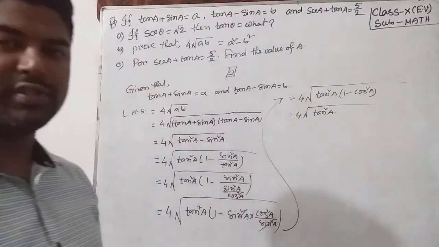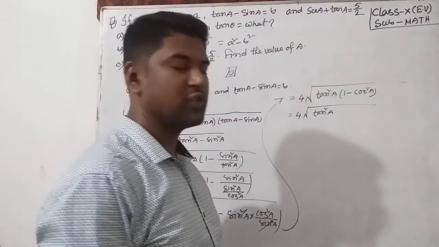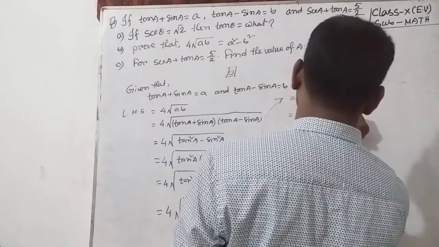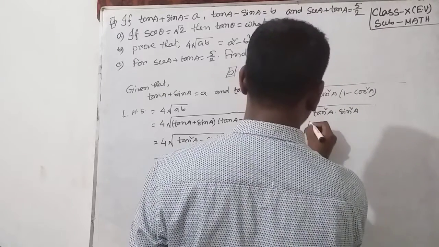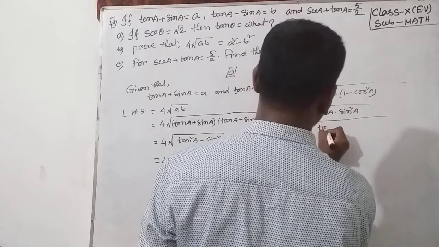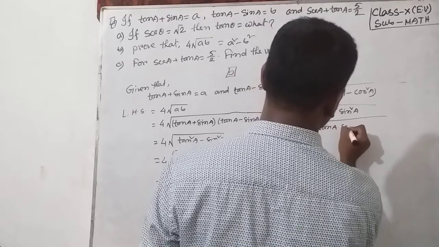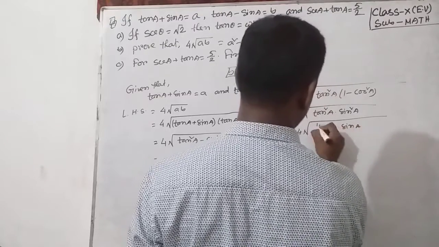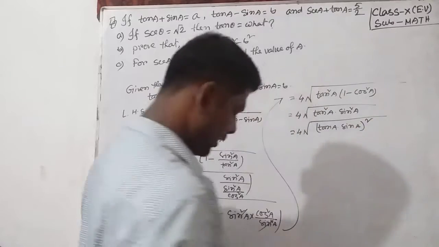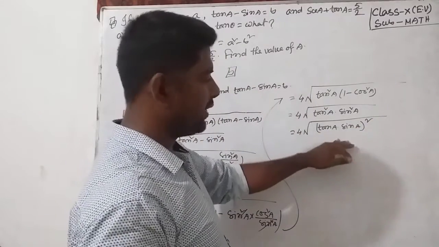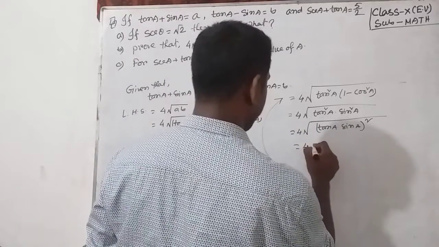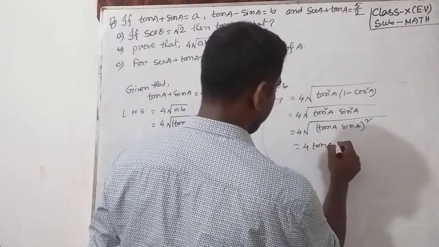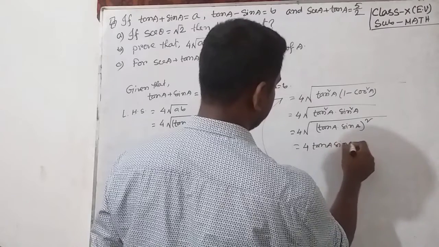We know 1 minus cos square a equals sin square a, so we can write sin square a. Also we can write this as tan a into sin a whole square. So we can write for tan a and sin a.